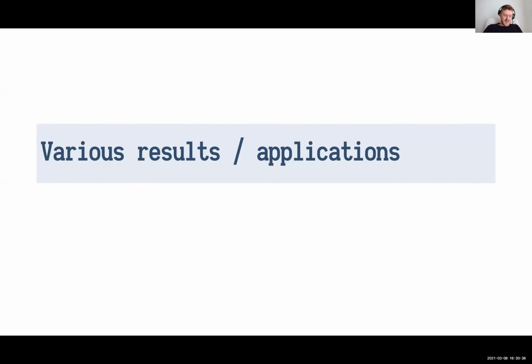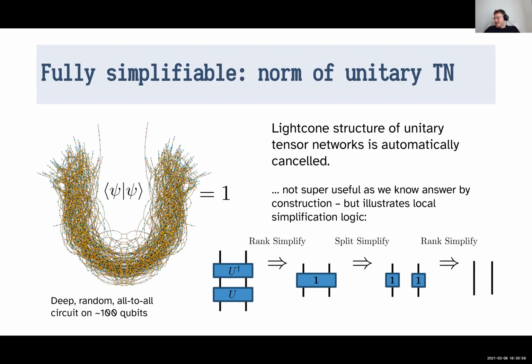Yeah, so I guess the best thing to do is to just run through some examples of different cases where these simplifications lead to either very large or small reductions in the tensor network complexity, and then our ability to contract them afterwards. So a seemingly trivial example, but it's still kind of impressive, I think, or tells us something about how these simplifications are working, is just taking the norm of some basically arbitrarily large unitary tensor network ansatz.